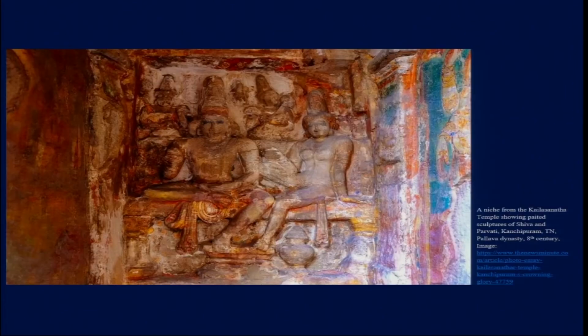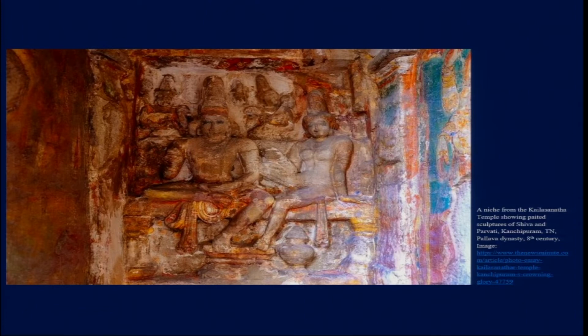So from there I also wanted to draw attention to one of those painted niches or painted shrines in which we see the layers of the paint and the layers of lime plaster that give us a sense of how this temple might have been constructed when it was made in the 8th century.